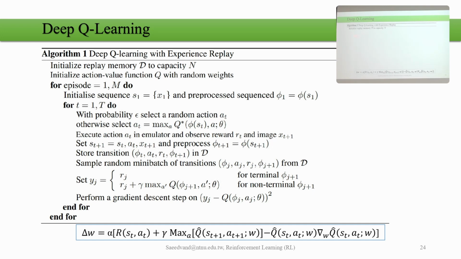So what we do: initialize replay memory D to capacity N. We want to have initial memory, and keep this in mind: you have memory, and you sample batches from this memory to train the network, but before it is filled, we try to avoid sampling from it. So don't sample from it in the beginning.